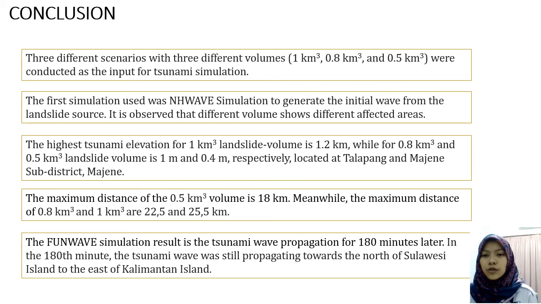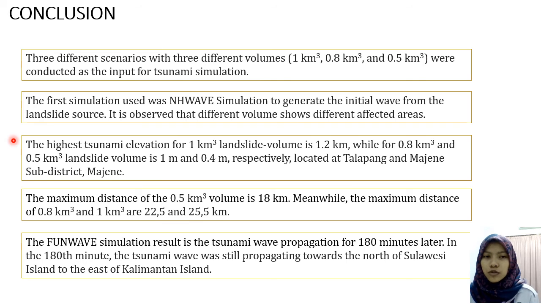So here is the conclusion of our study. The first one, three different scenarios with three different volumes were conducted as the input for tsunami simulation. The first simulation that we used was NHWAVE simulation to generate the initial wave from the landslide source. It is observed that different volumes show different affected areas, and the larger volume will affect a larger area.